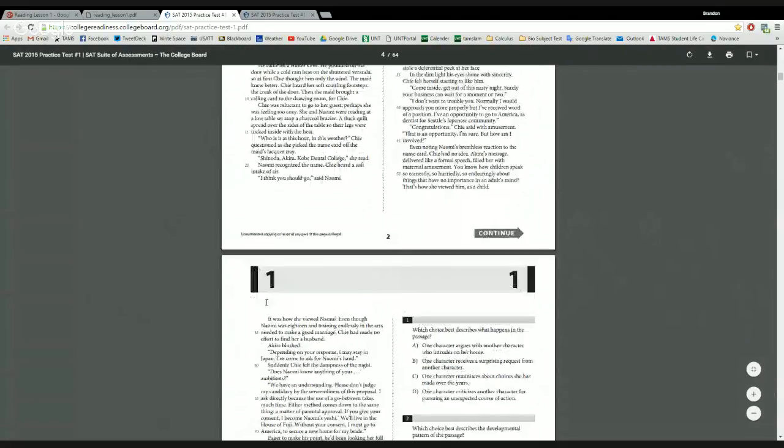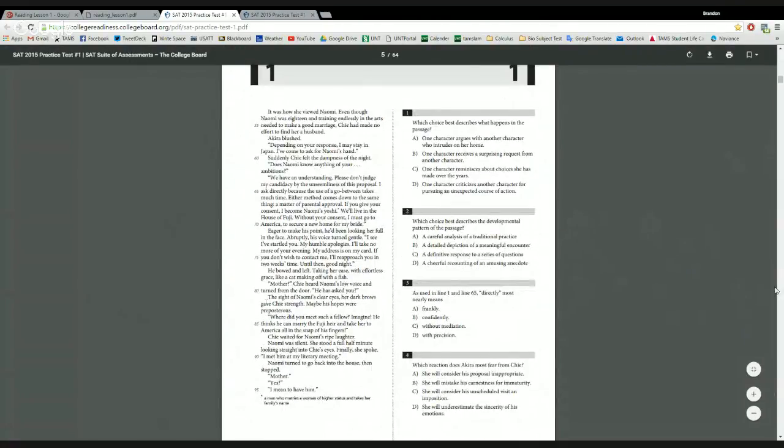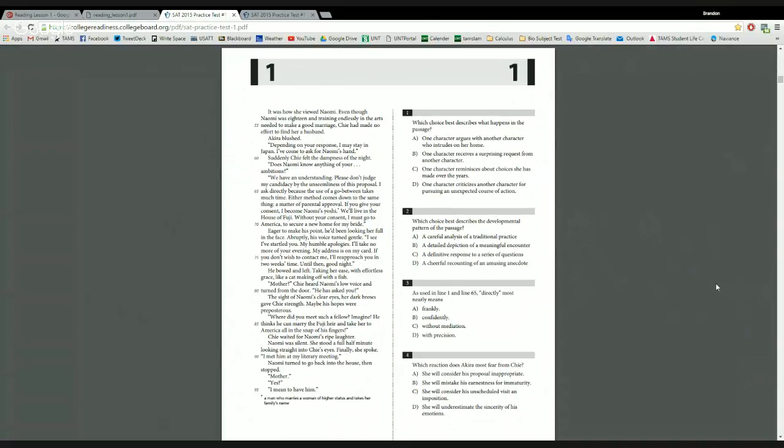Okay, next part. Okay. So, given that you read the passage, which phrase best describes what happened in the passage?